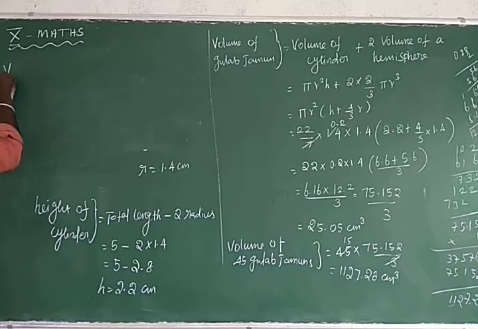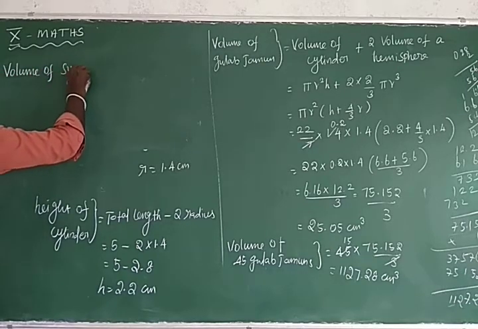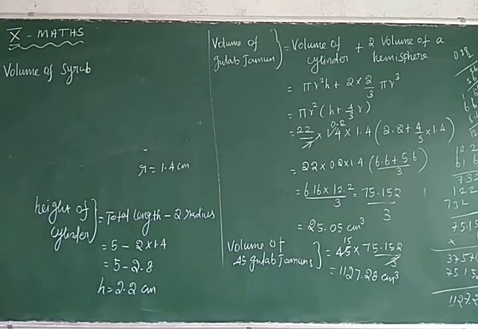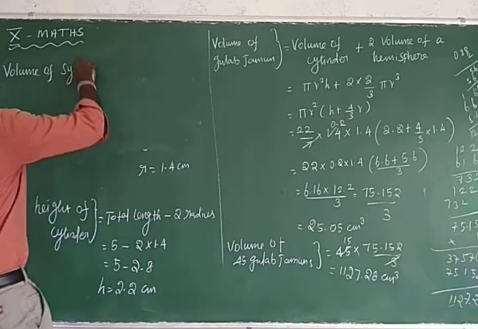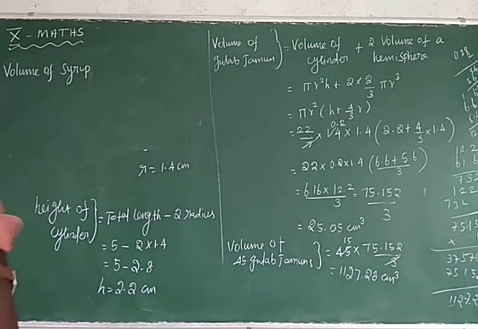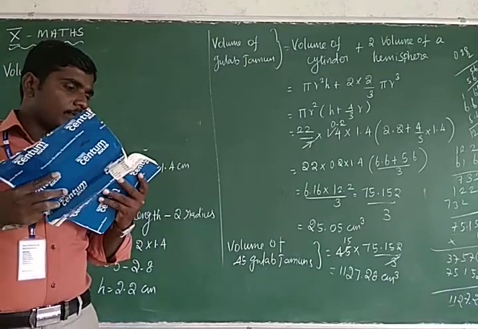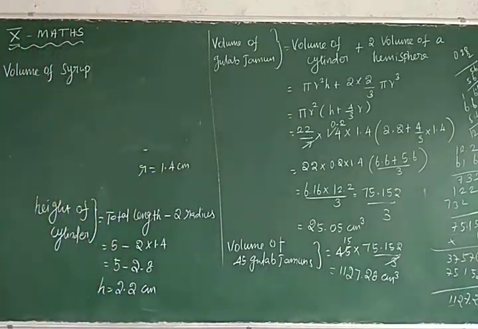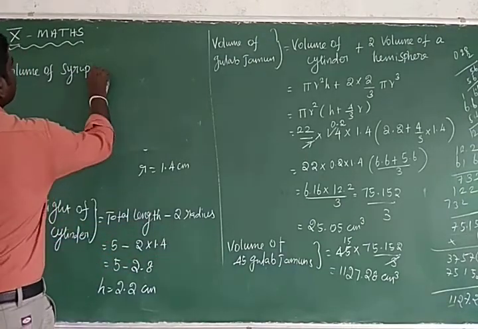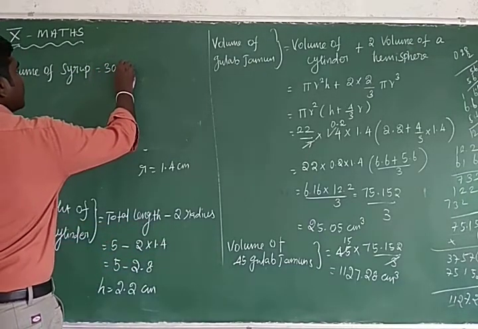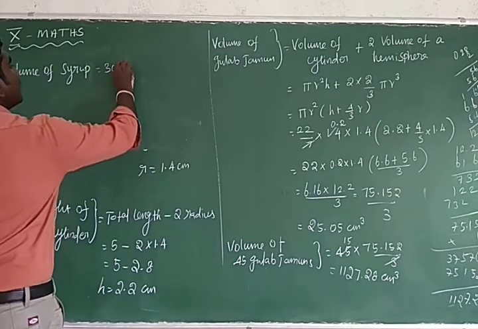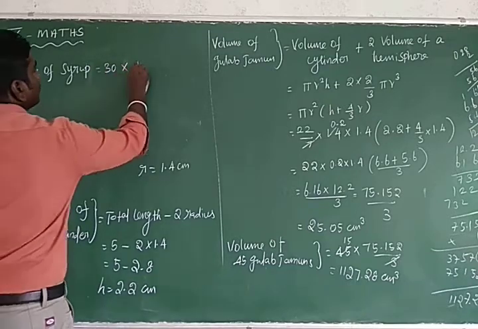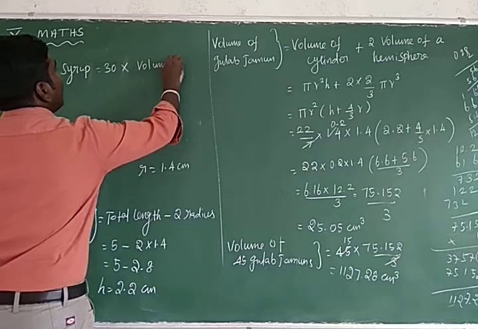The volume of syrup is equal to 30% of its value, that is 30% of the volume of the jars.